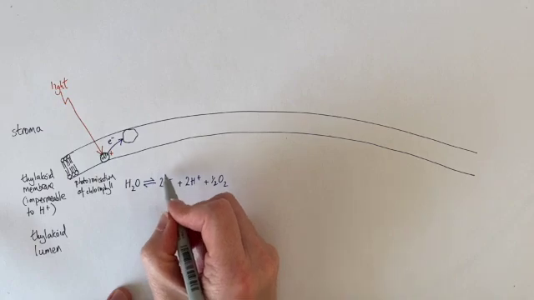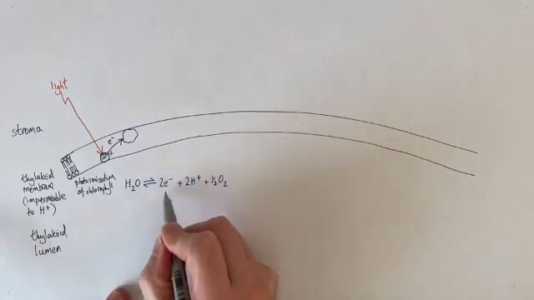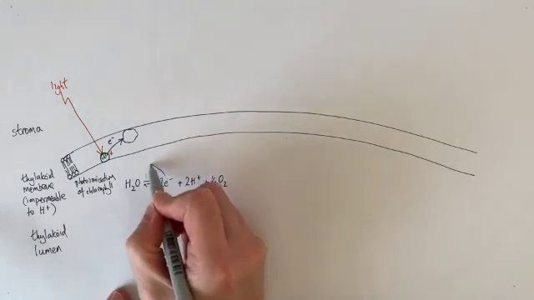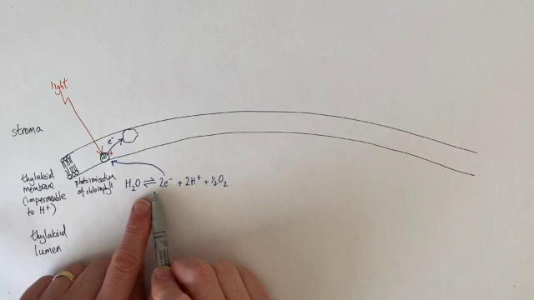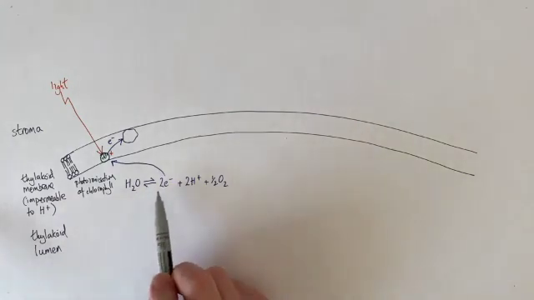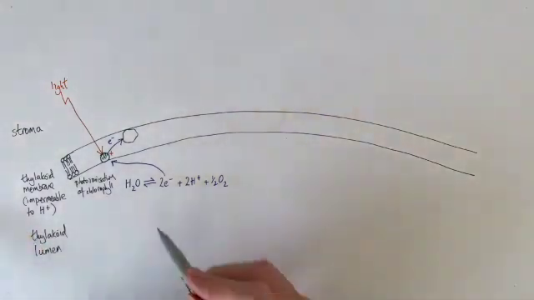So what that means is the negatively charged electrons here are attracted to the positively charged chlorophyll molecules. This is an equilibrium reaction. So what it means is if you take something away from the right hand side, it upsets that equilibrium and it tries to compensate.